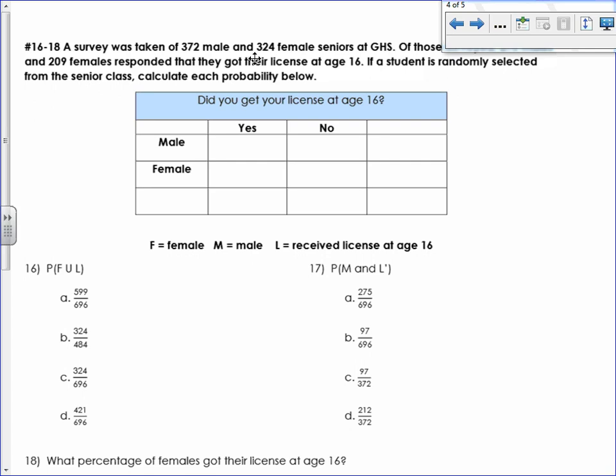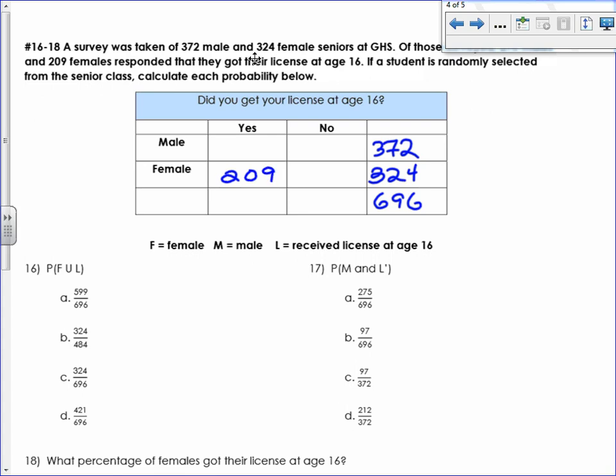This is a good time to look at this kind of situation. For number 16, first we need to complete the table. We have 372 males, 324 females, and I think that was 696. We know that 209 of the females said that they got their license at 16.